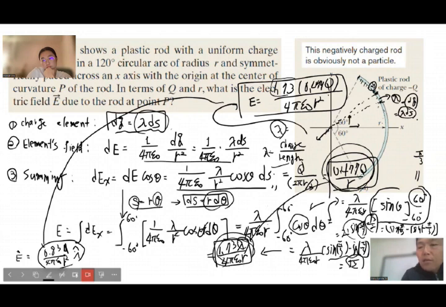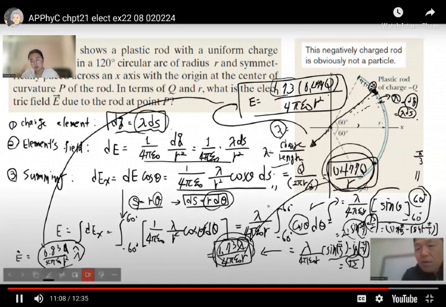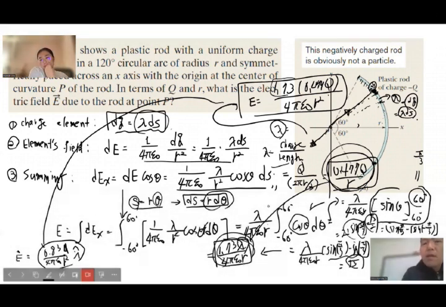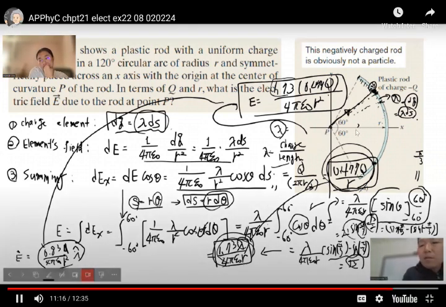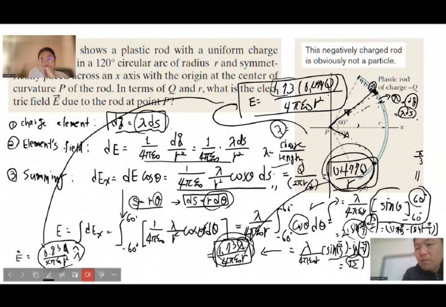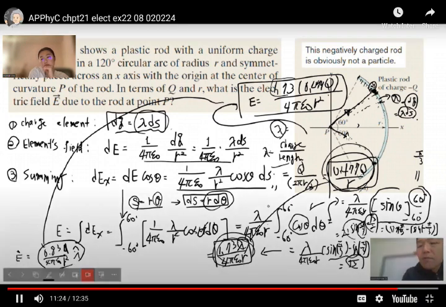If you look at the two line elements right there and right here, and decompose the electric field, one from this line element creates an electric field in this direction, and the other one should be this direction, right? Because of negative charge, the field points inward to the line charge.